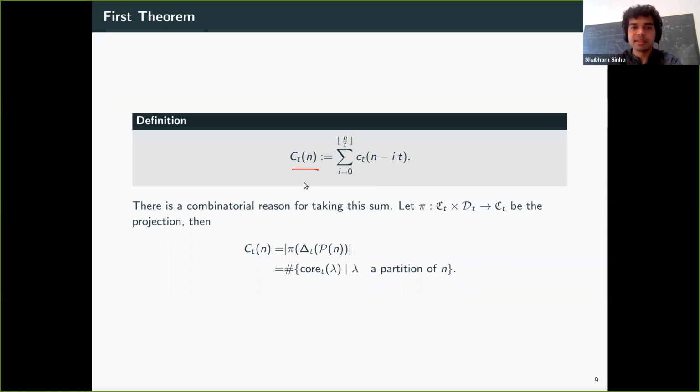This number is precisely counting the size of the projection, the image, to the set of T cores. To be more precise, it's the set of all T core partitions which come as the T core of a certain partition of size n.